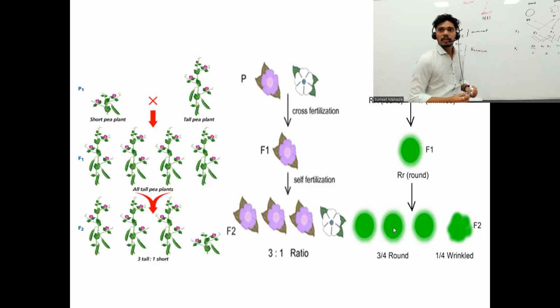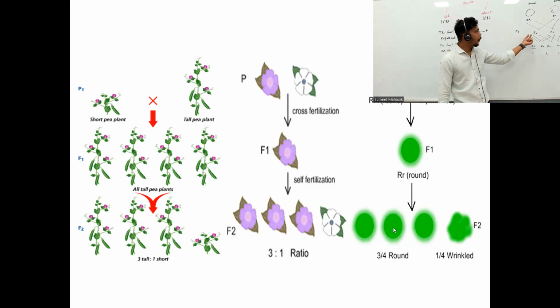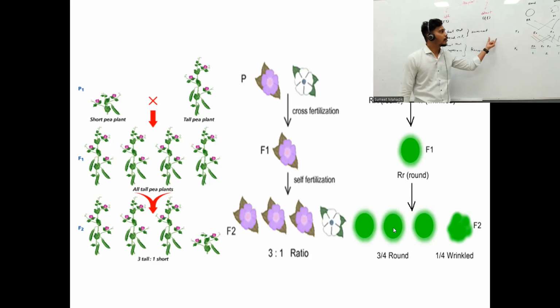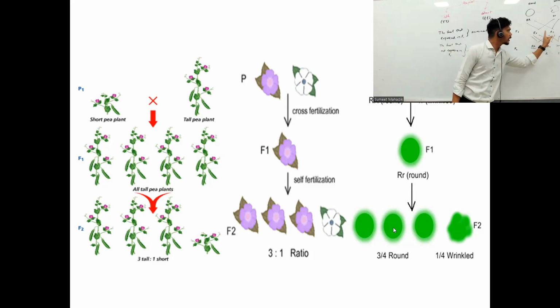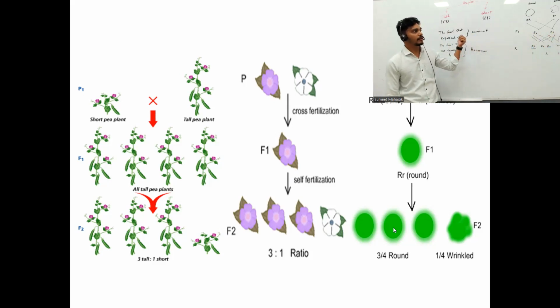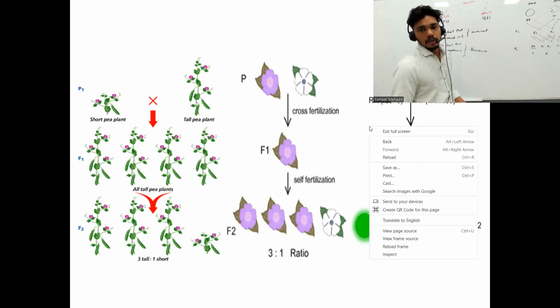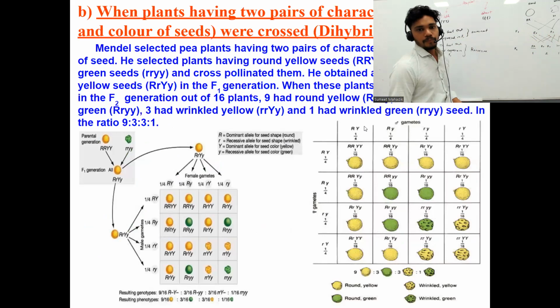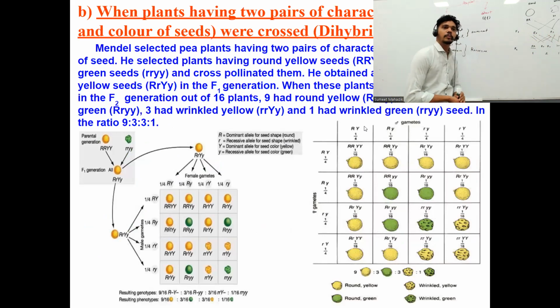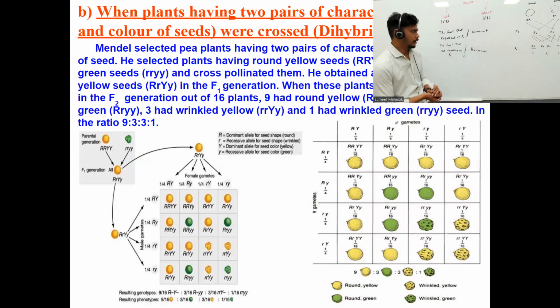Yes or no? In the F1 generation, the one that is expressed is the dominant one. The one that is not expressed is called the recessive one. Getting my point? Okay, that's great. This point is clear. Now we are moving to the next part.